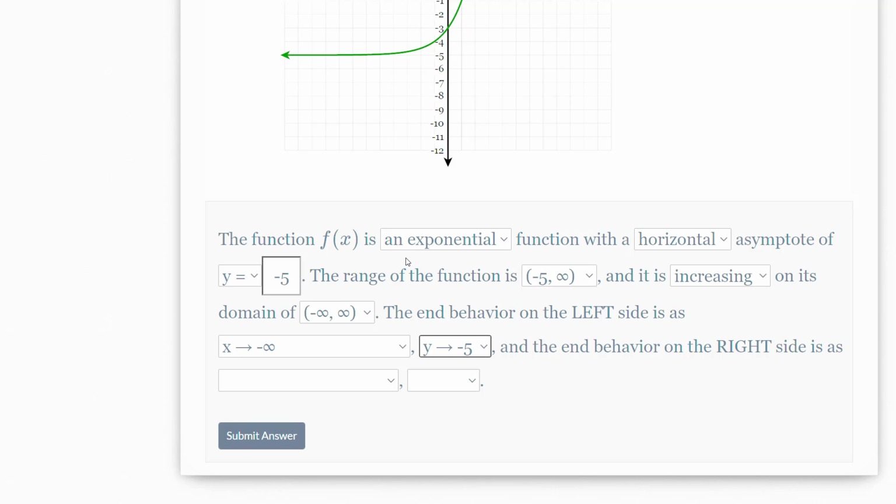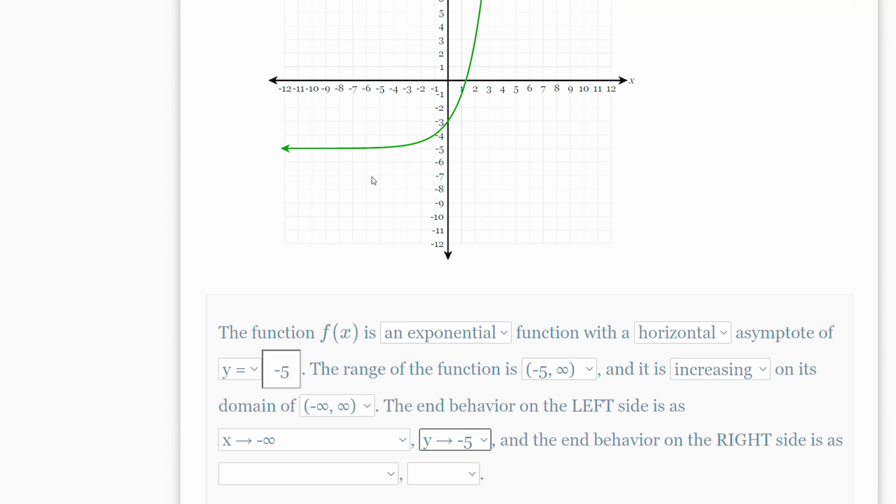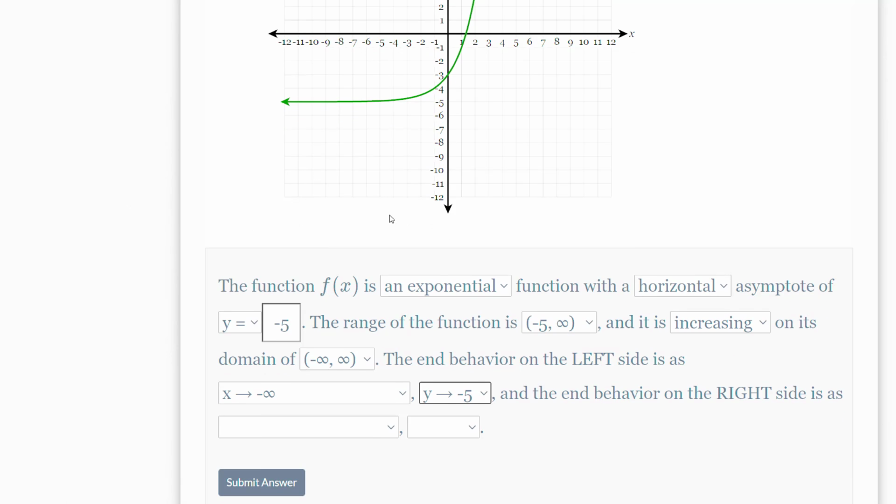That's what the end behavior is. It doesn't go off to negative infinity. In order for this line, as you go to the left, to go off to negative infinity, you would have to actually be going down. You're not going down. You're going left. You're hugging up to -5. You never get smaller than -5. You said that up here when you picked the range to be this.